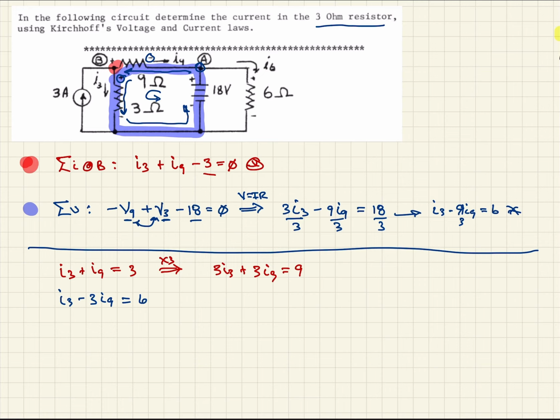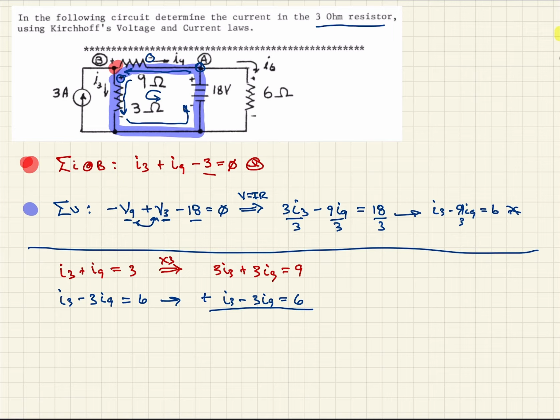And the bottom equation, I'm just going to copy it over the way it is. So that's I3 minus 3I9, and that's equal to 6. So now I can just simply add these 2 equations together. That's allowed from our linear algebra class.